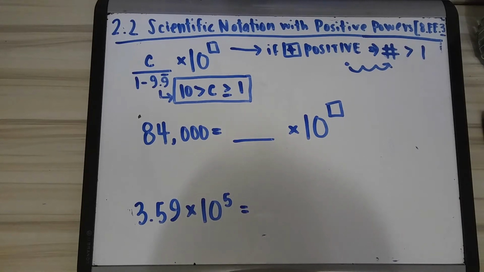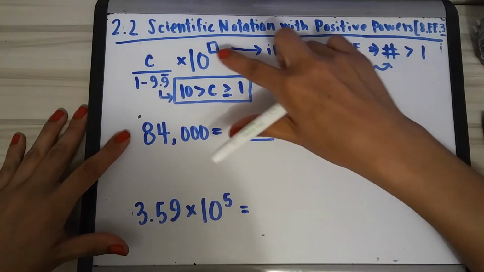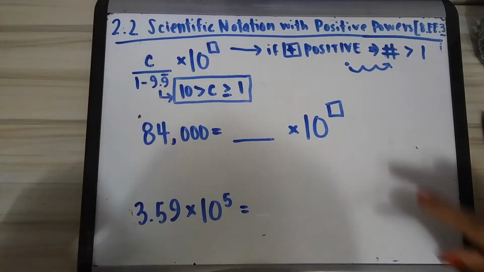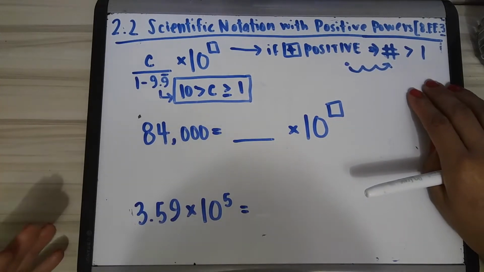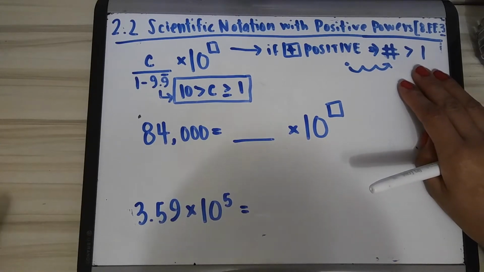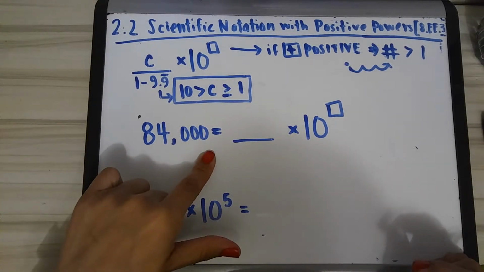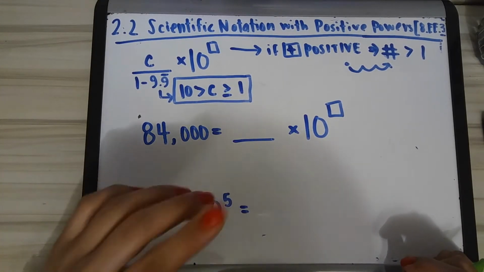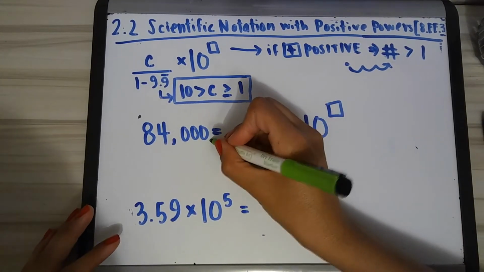Okay, so for us to write in scientific notation, we're going to take, for example, this number right here. When we have positive powers, when we have a positive exponent, the number that they're expressing in scientific notation is always going to be greater than 1. I call those large numbers, right? Big numbers. So we have 84,000. Now what we're going to do is take this number and locate our decimal point. Remember, all whole numbers have a decimal point. We do not see it, but it's at the very end right there, right?